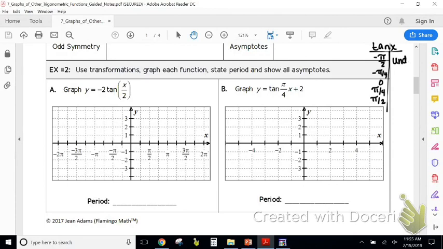We'll go back and do that. All right, so, isn't period 2 pi? Well, yes, it was on that one, I believe. But we'll go back and look at it in just a minute because I'll have to pull it back up.